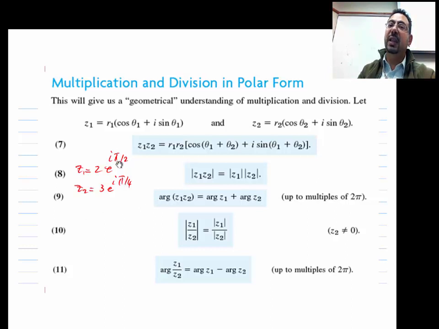But already you just add the two angles together. So the magnitude is R1 times R2, and the angle sitting there would be e to the power i(theta 1 plus theta 2). If it's easier for you to remember this, do it. If not, just do the multiplication in the Cartesian coordinates. Okay?